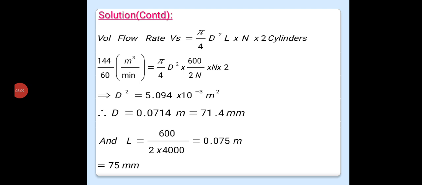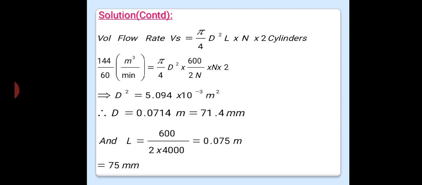Now we have calculated the swept volume. We know that in this problem two cylinder engine they have mentioned. So Vs is equal to pi by 4 d square into L into N into 2 cylinder. Now in this problem we are going to substitute the swept volume in minute basis, that is 144 upon 60, which is equal to pi by 4 d square into 600 upon 2N into 2.